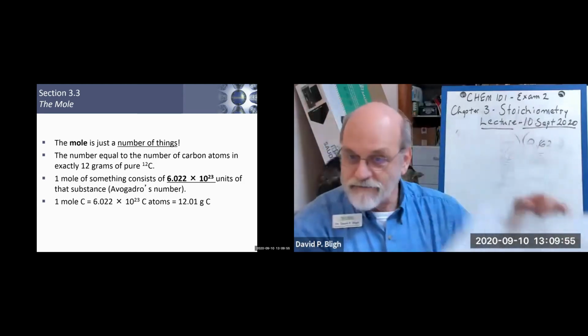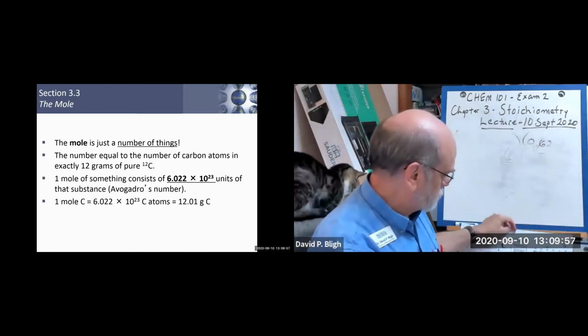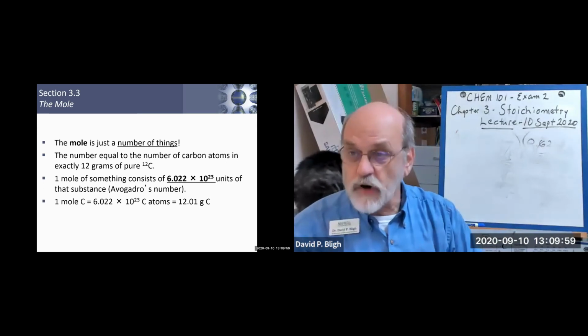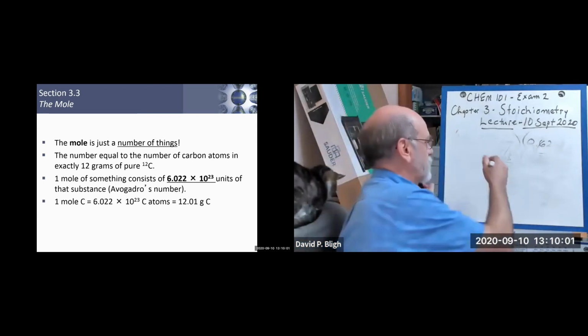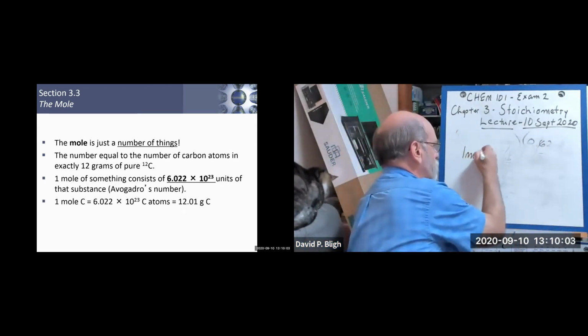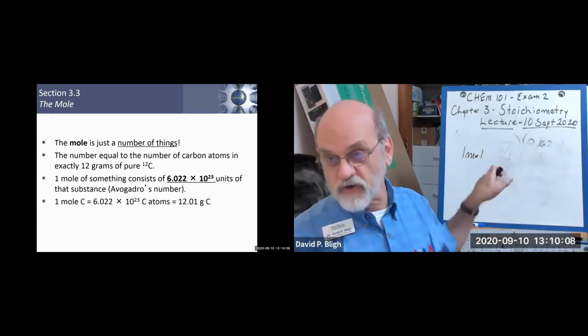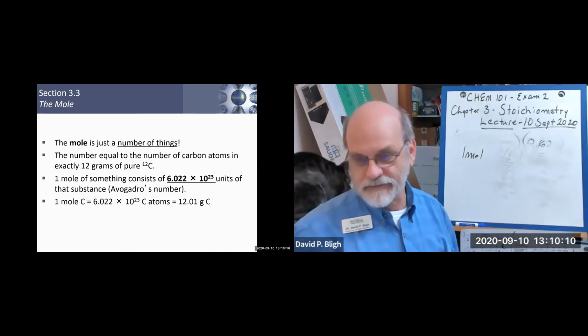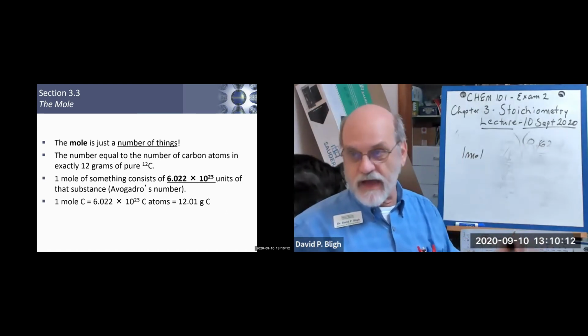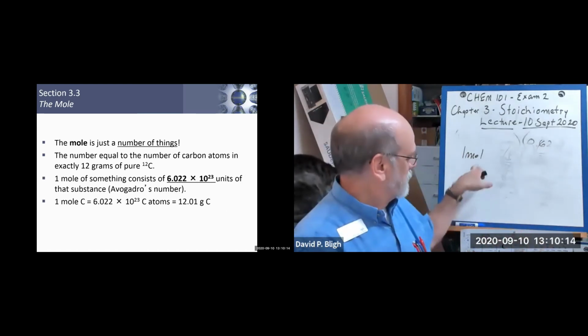Right? So that value we can use as a conversion factor. 1 mole, and we abbreviate mole by just dropping the E. Don't ask me to make sense of that. That's just the abbreviation.